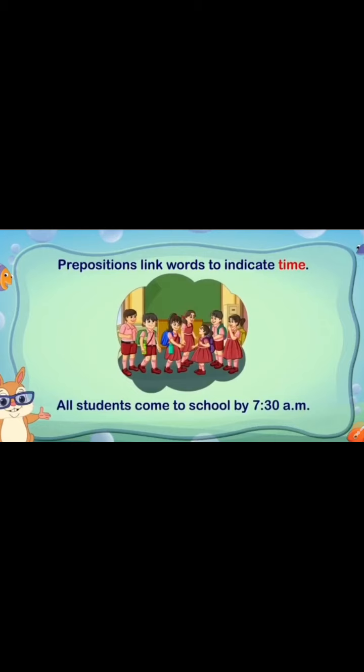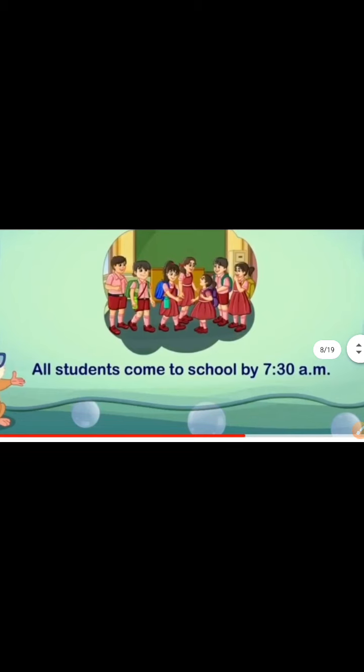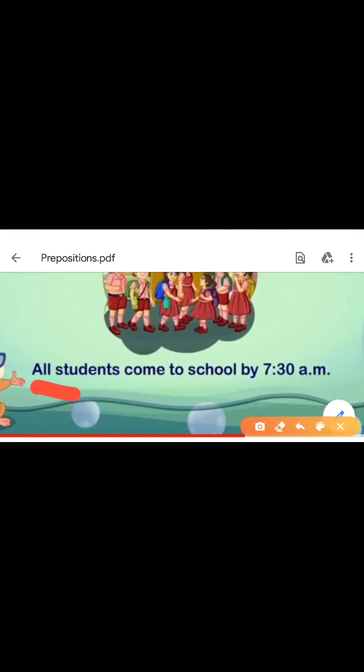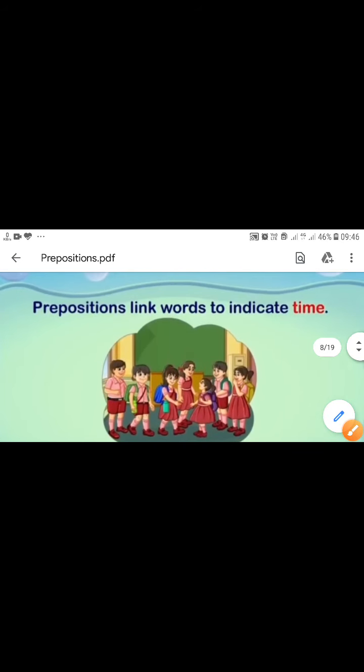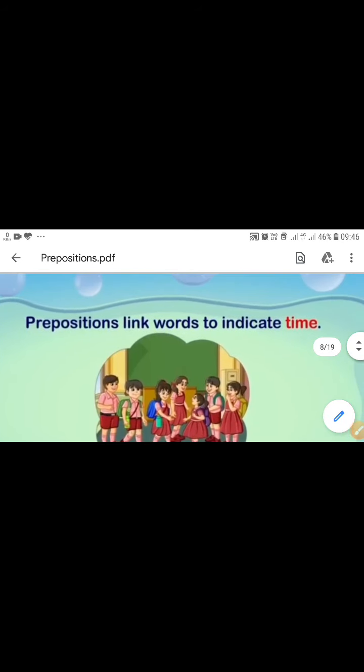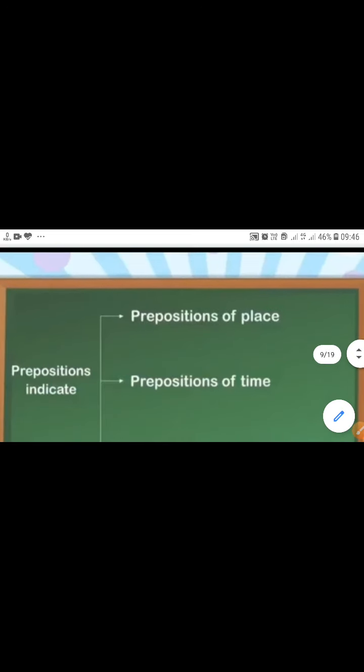You can understand from this one also. All students come to school by 7:30. That means the word by is a preposition, because it is showing the time of students arriving at the school.